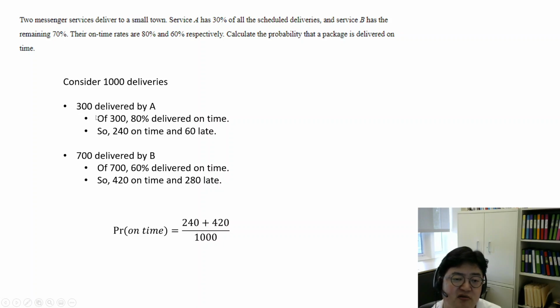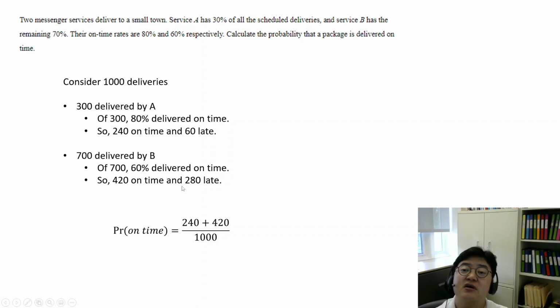And out of 300 packages delivered by A, 80% are delivered on time. So that would be 240 packages. Okay? Then automatically, the other 60 packages are late. Similarly, of 700 packages delivered by B, the on-time rate is 60%. So 60% of 700 equals 420. 420 packages are delivered on time.